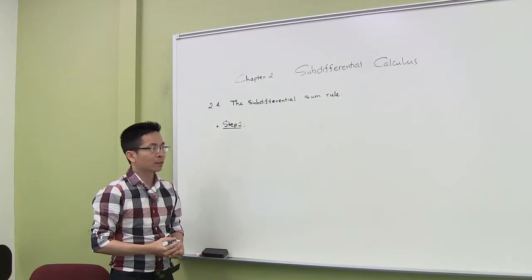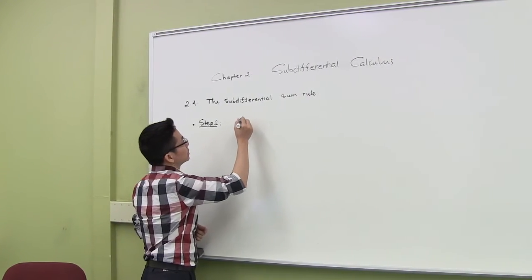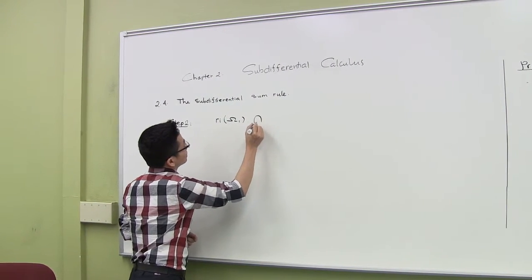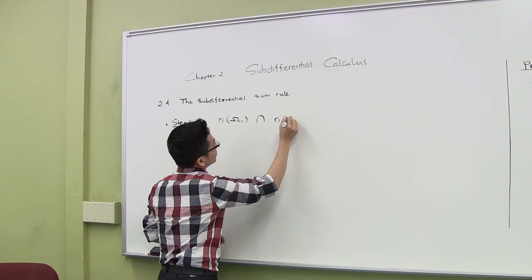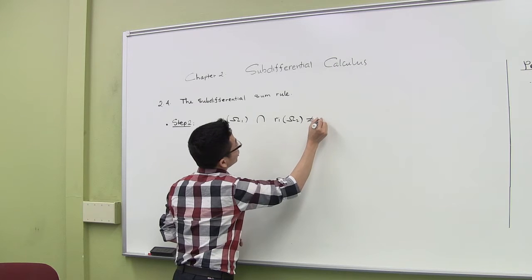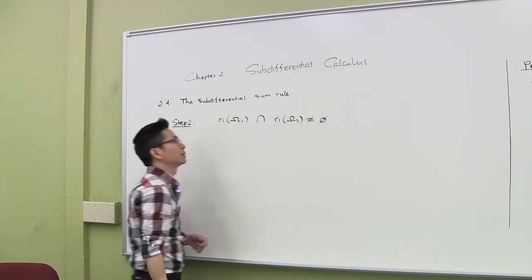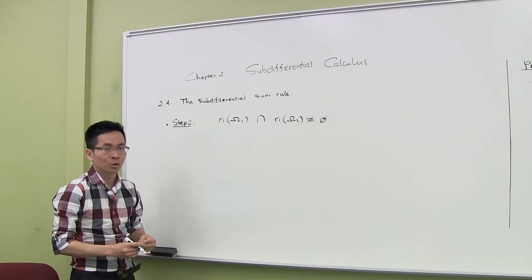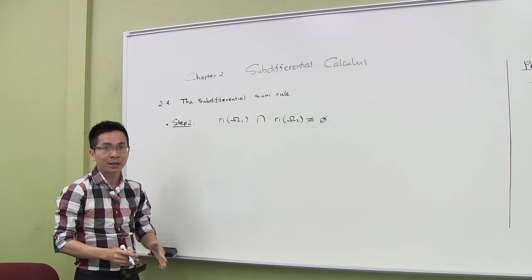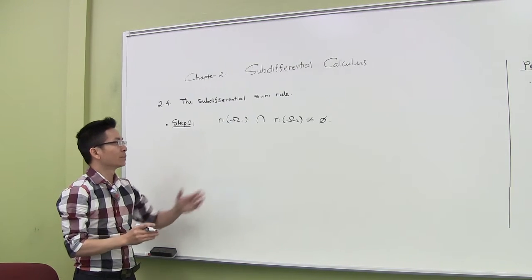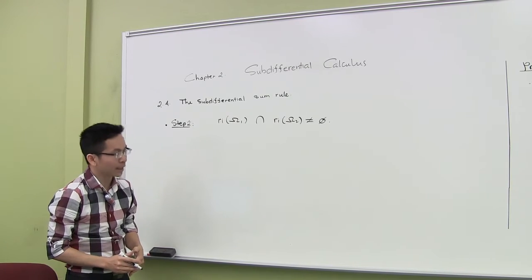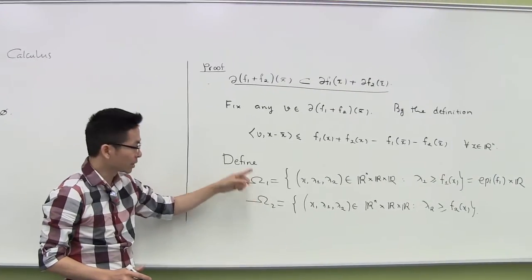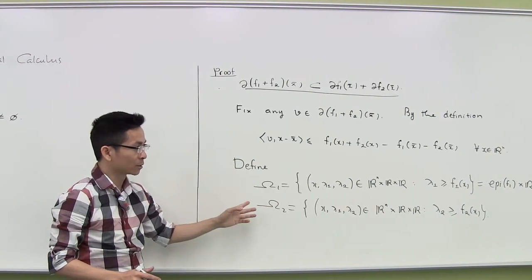In the second step, I'm going to show that the intersection of the relative interior of omega 1 and the relative interior of omega 2 is always non-empty. Okay, so this condition is required in order to apply the normal cone intersection rule for omega 1 and omega 2. How come this is true? Let me go ahead and look at the definition of omega 1 and omega 2. From the structures of omega 1 and omega 2, we have the following.